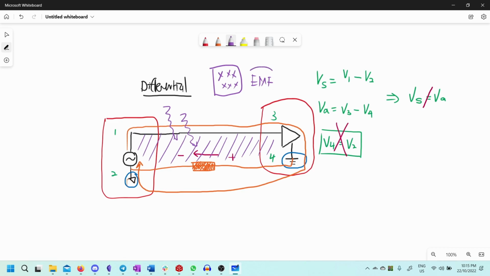This EMF is going to be distributed across this entire thing. And crucially, it's going to flow through this ground node, this ground connection.